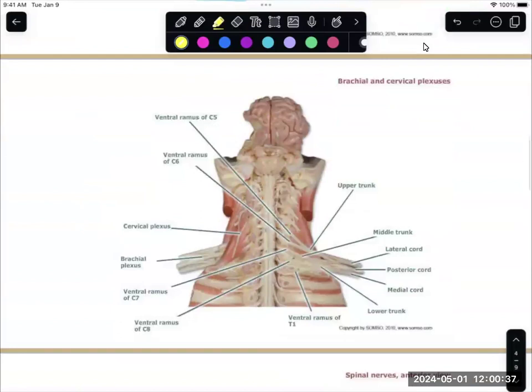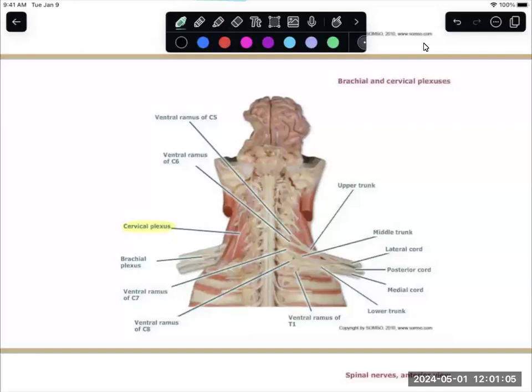Now, if we travel down, the spinal cord is made up of several different sections. We have this cervical plexus. The plexus is a bunch of nerves that combine, split apart, combine somewhere else, split apart again. This cervical plexus is made up of nerves that are going to come around the neck.